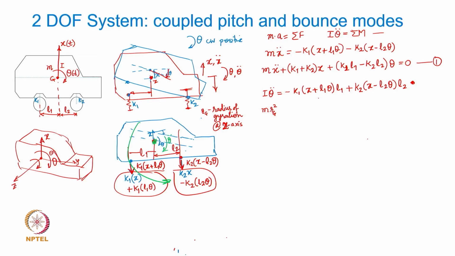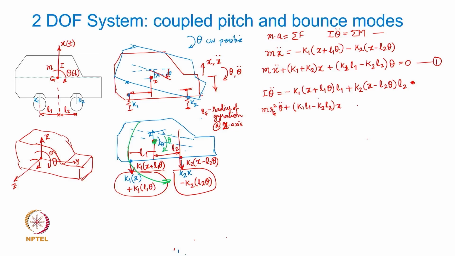So about the z axis, the radius of gyration is rg, and so I is being replaced by m rg square theta double dot. Now this will be what? Plus k1 L1, so you can see how you can rearrange the terms here, and so this is going to be minus k2 L2 into x.